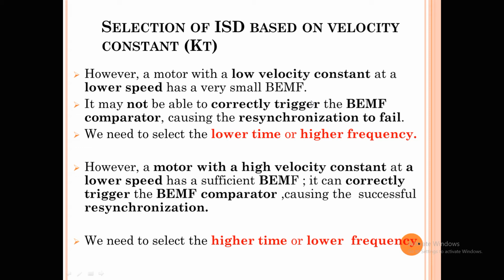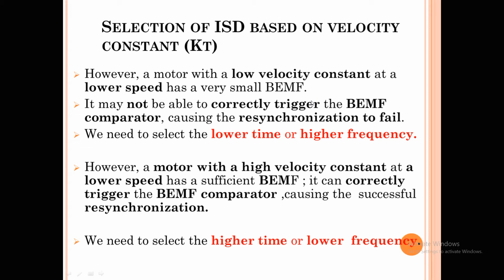Let's come to the selection criteria. As we have discussed earlier, there are two different criteria to select these values. First is the motor velocity constant, in short KT value, and another criterion is motor inertia. So let's see these selection criteria separately.